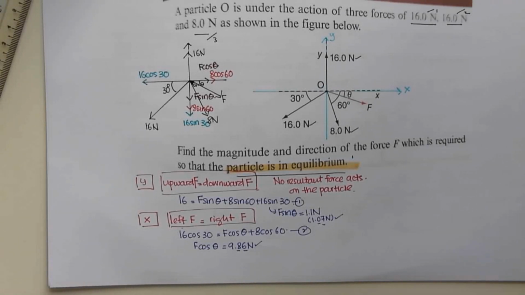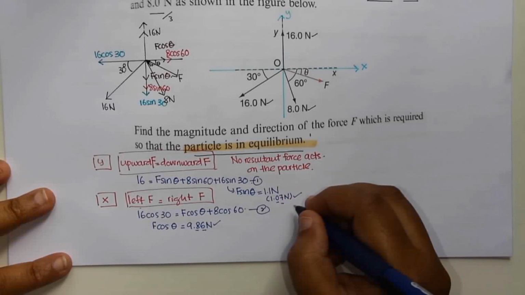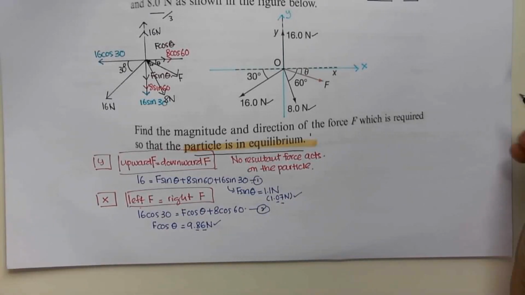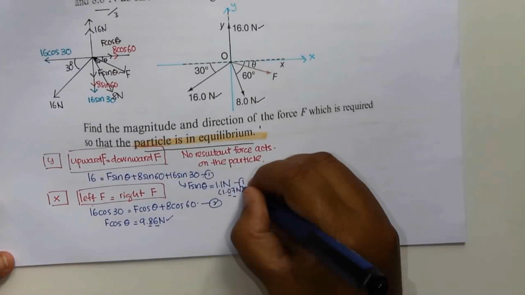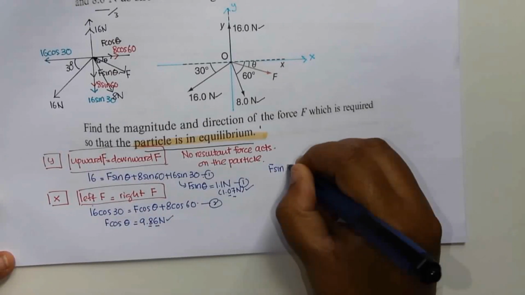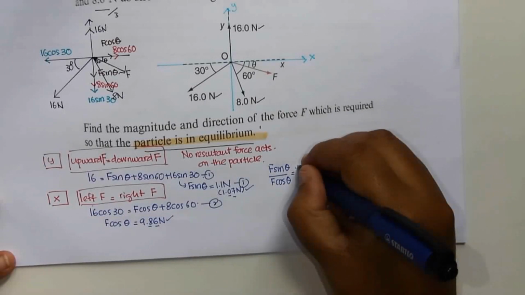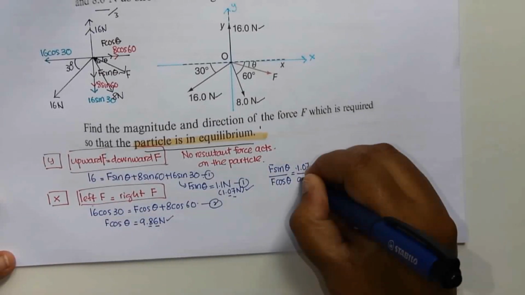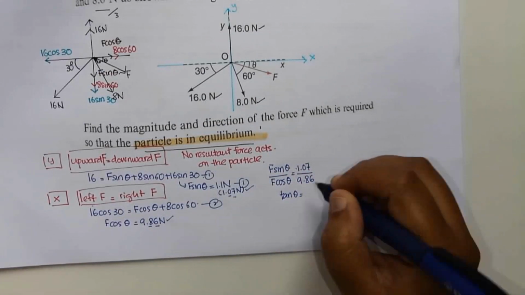Then what I should do, I haven't finished yet. So F sine theta is 1.07 Newton and F cos theta is 9.86 Newton. Next we can divide F sine theta by F cos theta, number 1 divided by number 2. After that is your maths class; you can do it however you want. 1.07 divided by 9.86. Sine theta over cos theta is tangent theta.